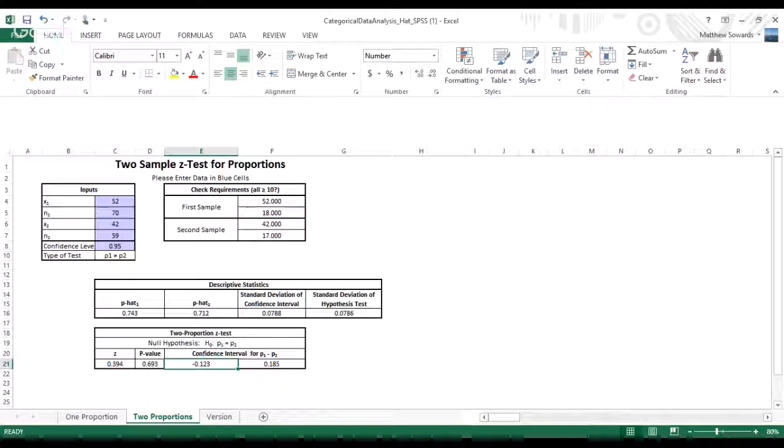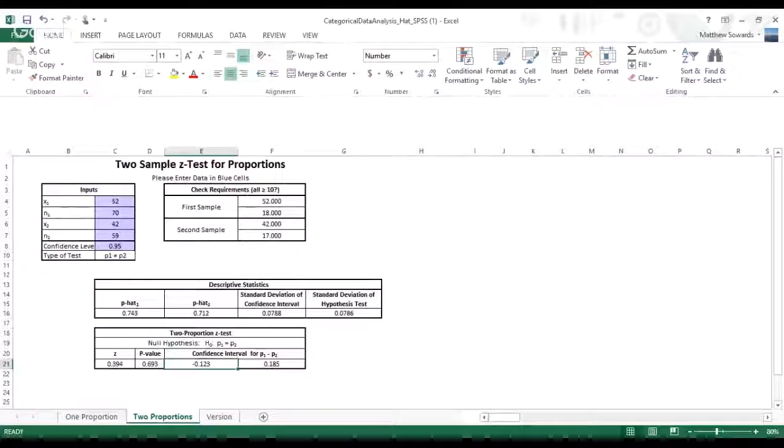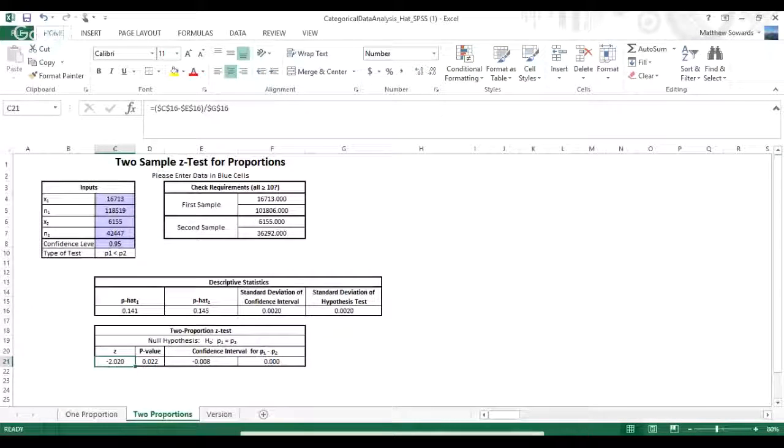P-value. What did you have on p-value for that one? 0.022. Perfect. So then we reject the null.